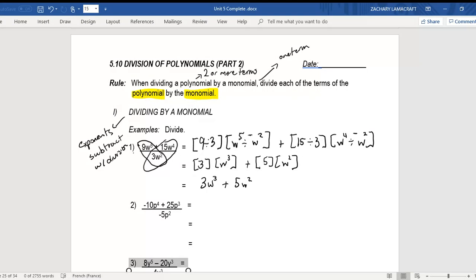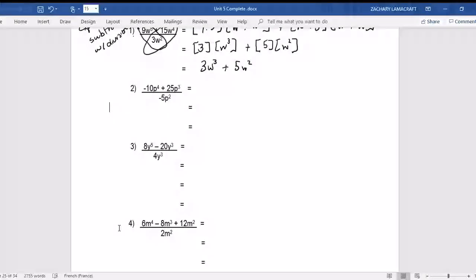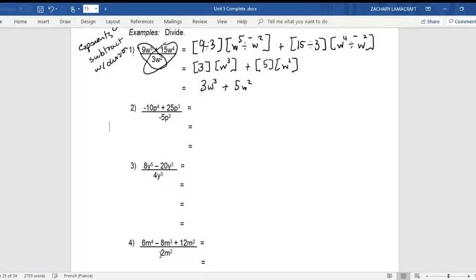And that would be our answer there, just by breaking down both of those things and taking one term at a time, we're able to do that. So we don't have too many examples here before you guys get to your work, so we'll just continue to fly through some of these. So again, we're going to do that divided by that, and then afterwards we'll do that divided by that.